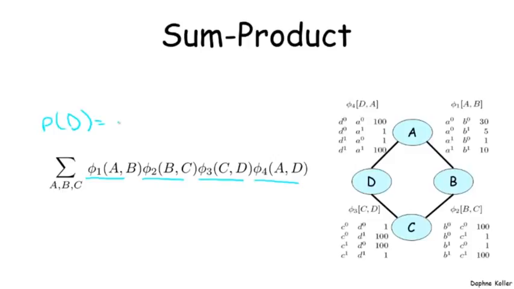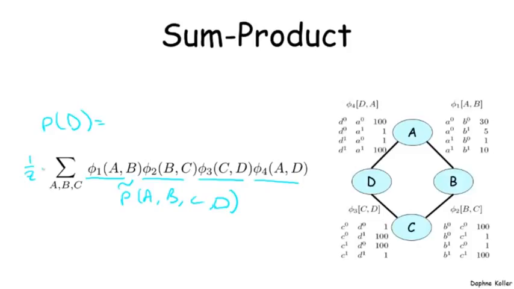Now, what I wrote here is not actually quite right, because the product of the factors isn't actually, in Markov networks, P of A, B, C, D. Rather, it's P tilde of A, B, C, D, which is an unnormalized measure. And in order to get the normalized measure, we need to divide by the partition function.